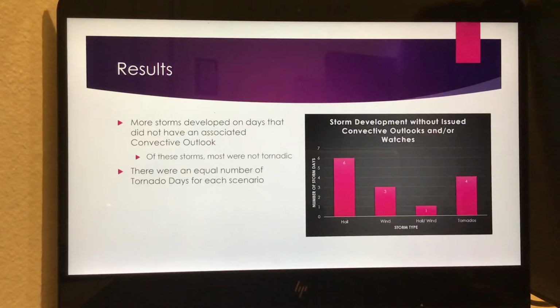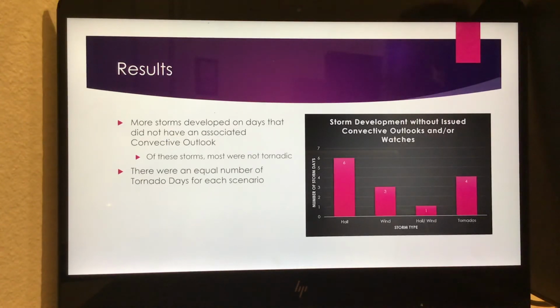So as far as my results go, I have a graph here: storm development without issued convective outlooks and/or watches. I have number of storm days listed on the y-axis, and then I have the storm type listed on the x-axis down below.